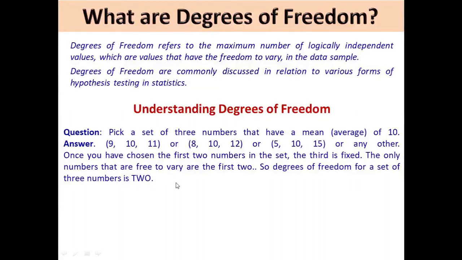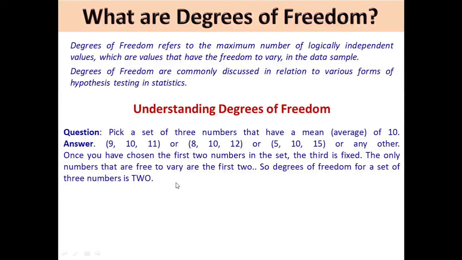Similarly, if we have 10 numbers in a set that have a mean of 100, we can choose only 9 of them freely. Or if we have a set of 200 numbers with a mean of 1000, we can choose any 199 numbers freely, but the last one is fixed and it depends on the rest of the numbers.